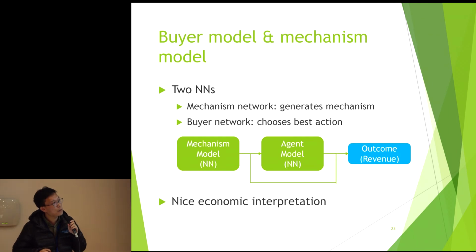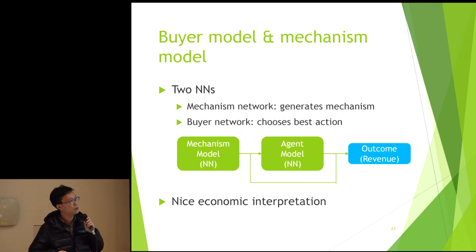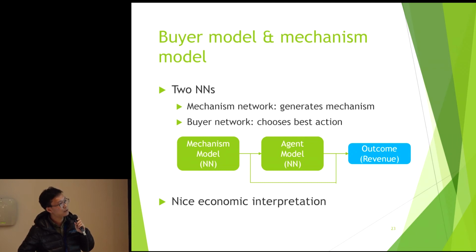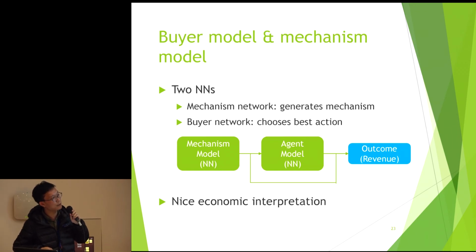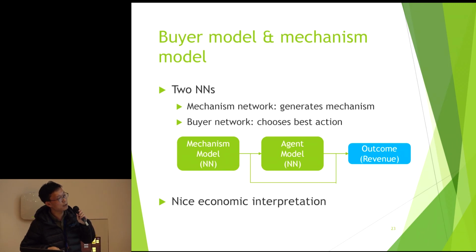So our approach is to use two different networks. The first network is the agent model, and the second network is the mechanism network. The mechanism network just generates a mechanism and feeds that to the buyer network. And then the buyer network, after seeing the mechanism, chooses the best action accordingly.